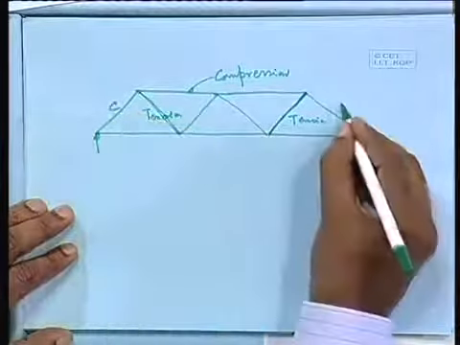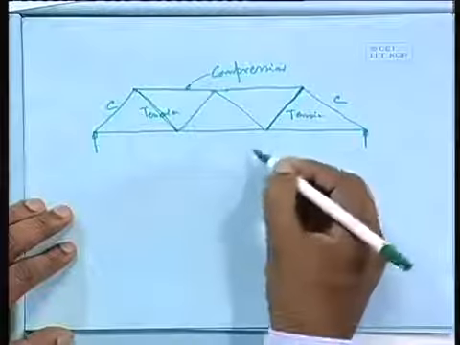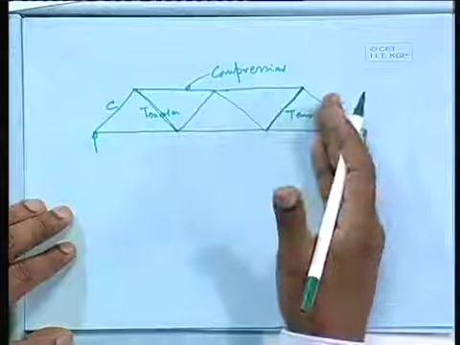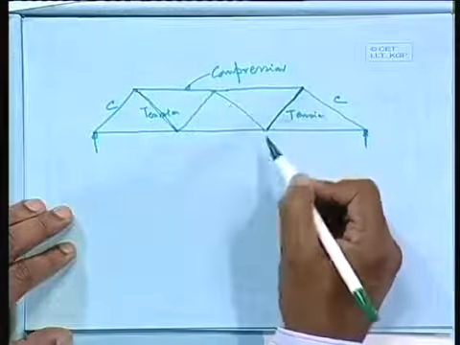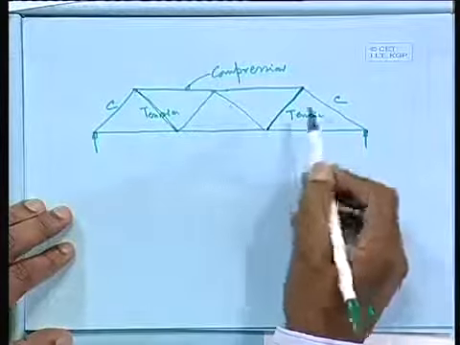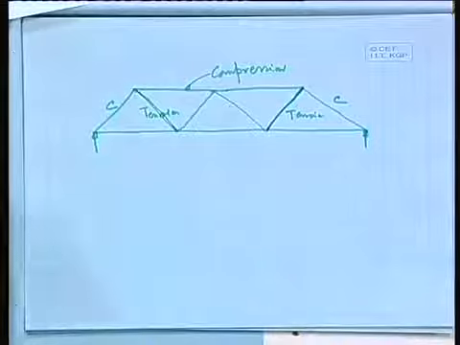This is again compression, this is compression. So, here we are providing the truss analogous to truss, with inclined stirrups. So, this is the way we generally provide.